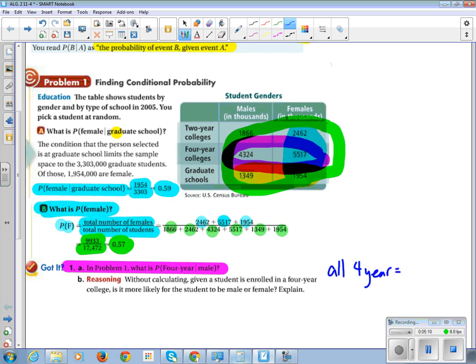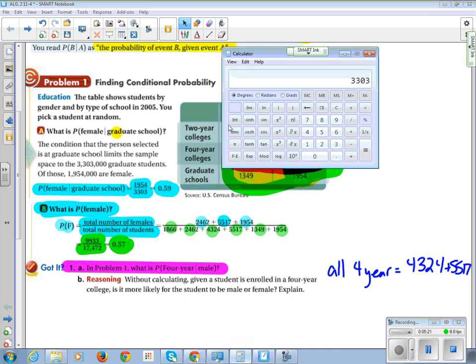If you're in a four-year college, that's all the ladies and all the dudes. So we add those together: 43.24 plus 55.17. That's 98.41.